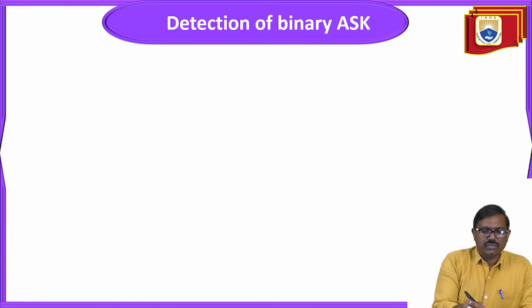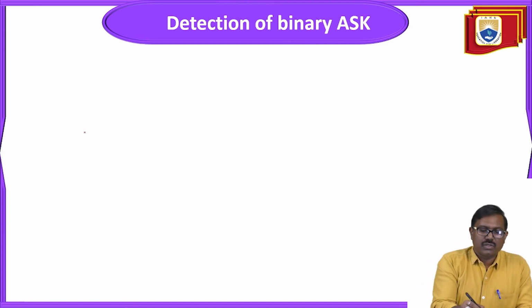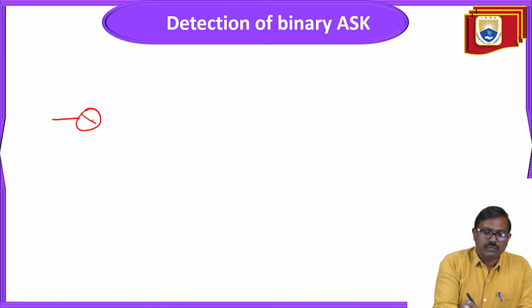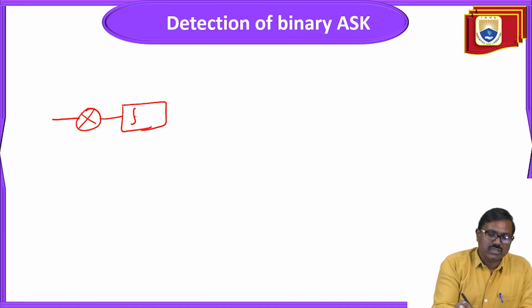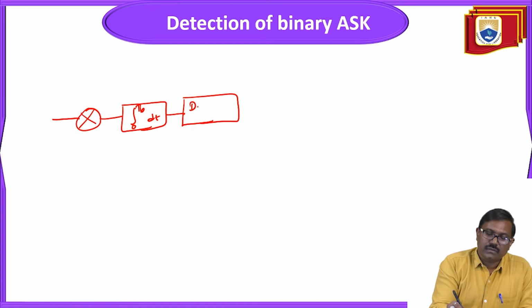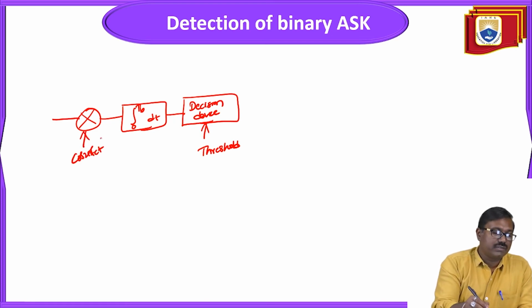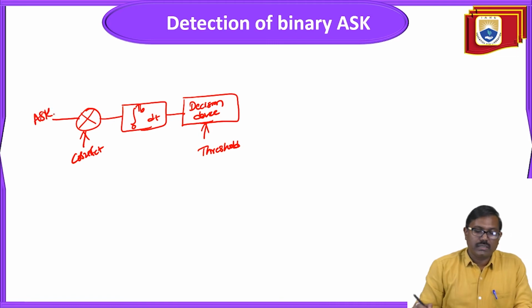So for this, I am showing how to detect binary ASK. The receiver has an integral from 0 to Tb dt, then a decision device having some threshold, and the carrier cos 2 pi fct with the ASK input.